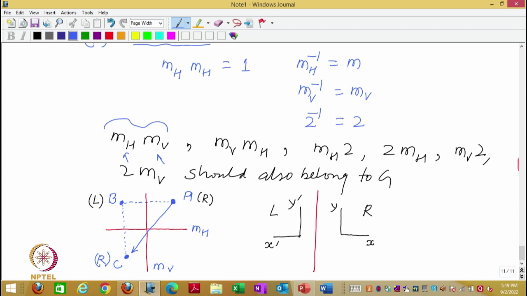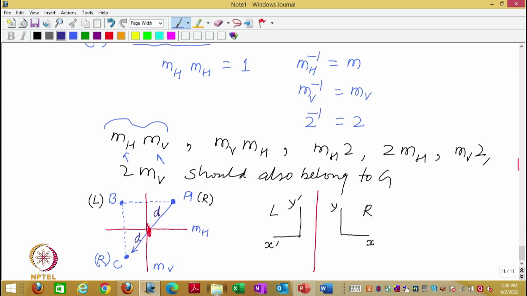And by what operation will A go to C directly? 180 degree rotation. And what does rotation do to the handedness? It does not change. So, a right handed object going 180 degree opposite with the same distance, that you can prove geometrically, that this distance d is same as this distance d.